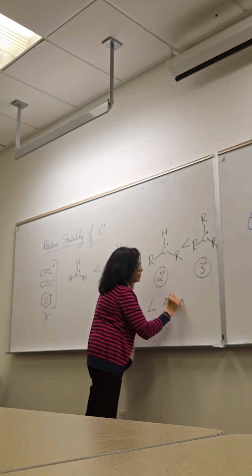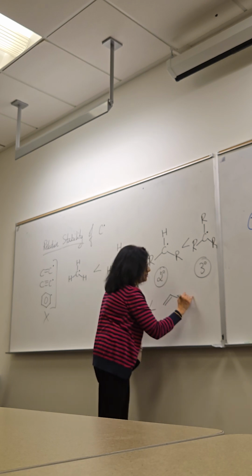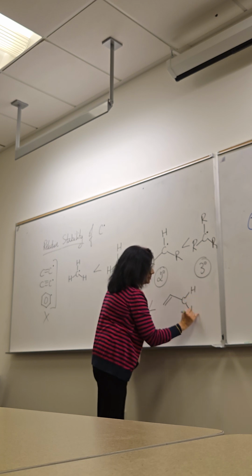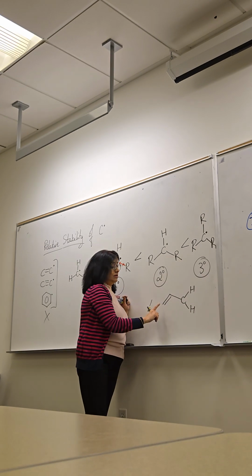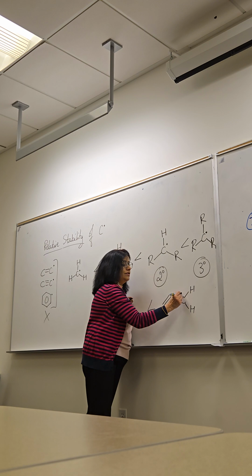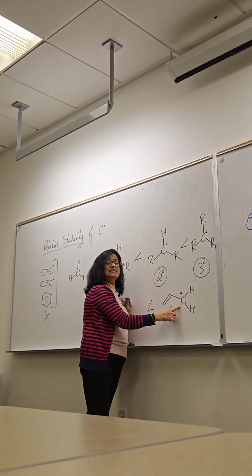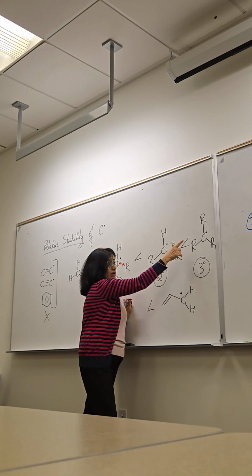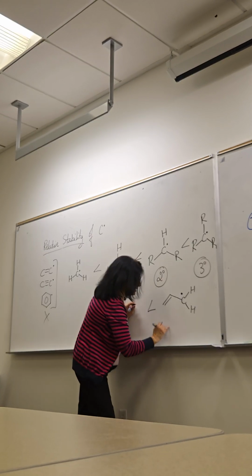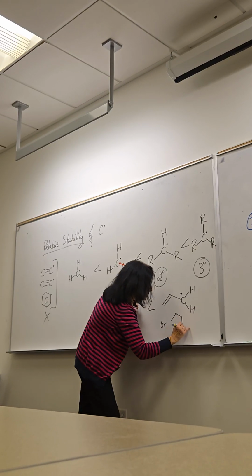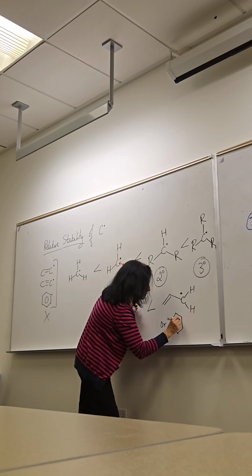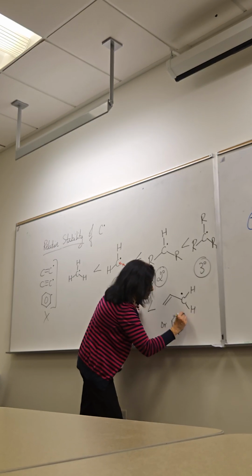Allylic, do you guys remember what allylic stands for? Adjacent to a double bond. So if there's a radical adjacent to a double bond, attached to a double bond, that's allylic. That's way more stable than that. Or a benzylic free radical. Does anybody remember what benzylic means?